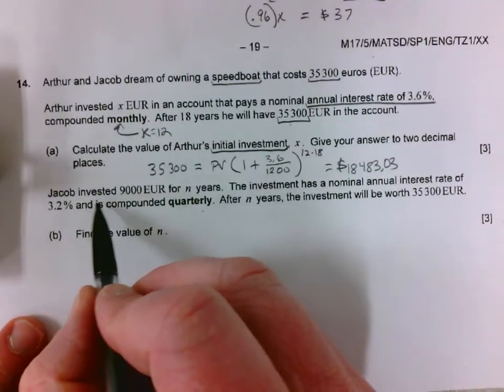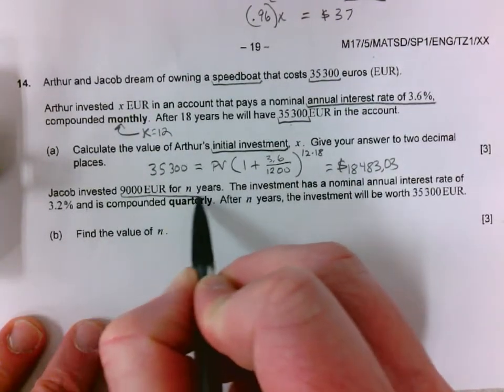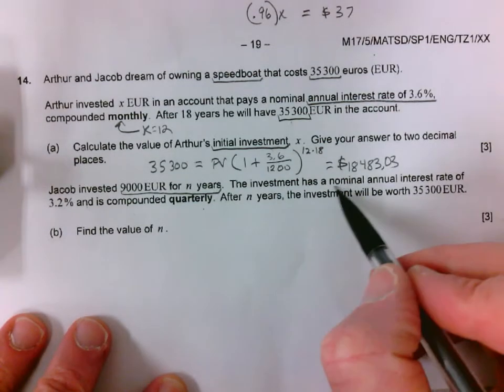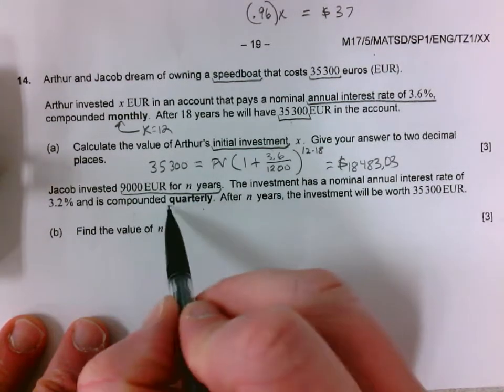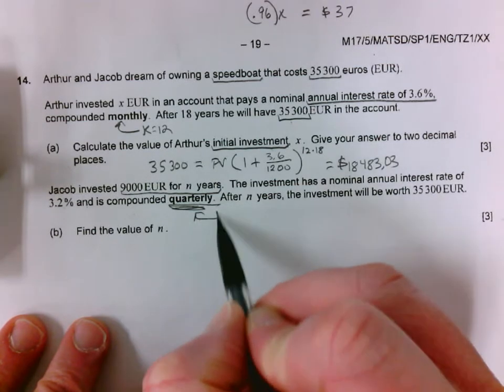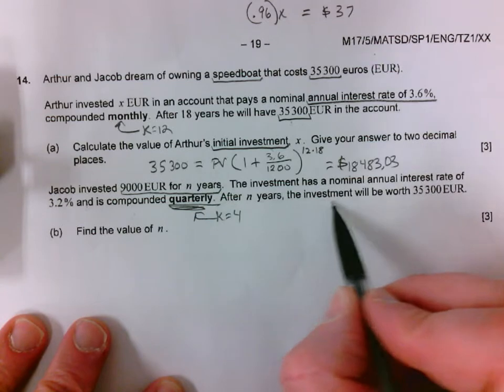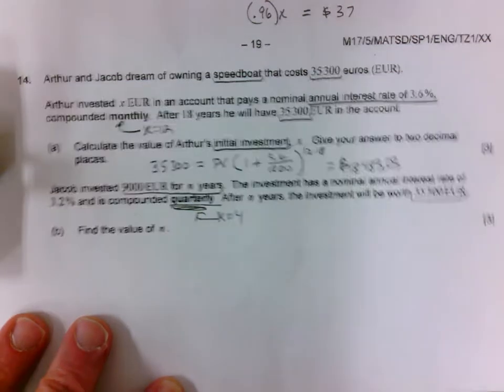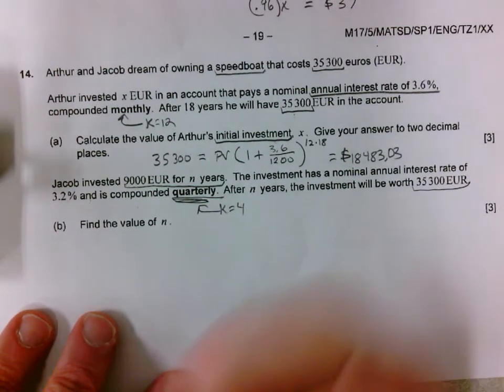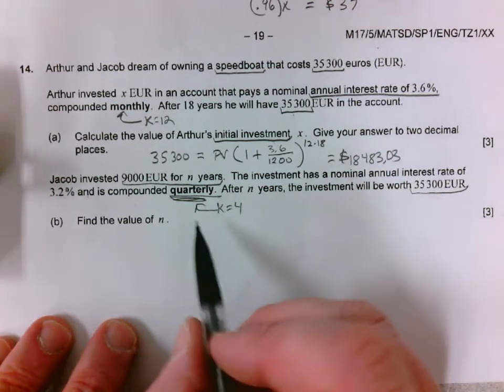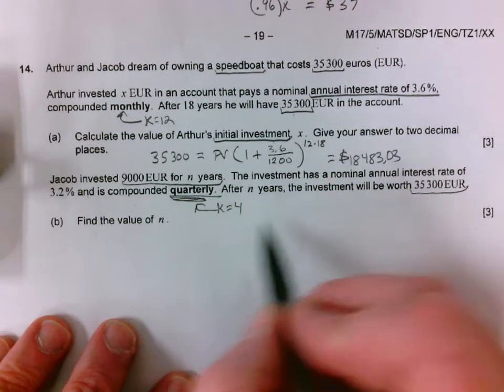Jacob invested 9,000 euros for N years. The investment has a nominal interest rate of 3.2, and it's compounded quarterly. Quarterly compounding, K equals 4. So it's a similar question. He's trying to figure out how long it'll be before he's there.